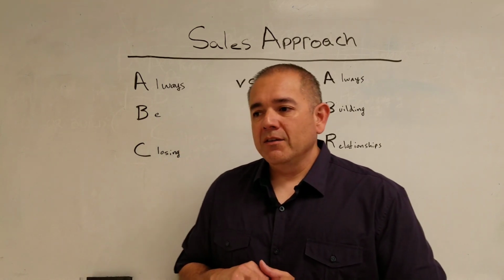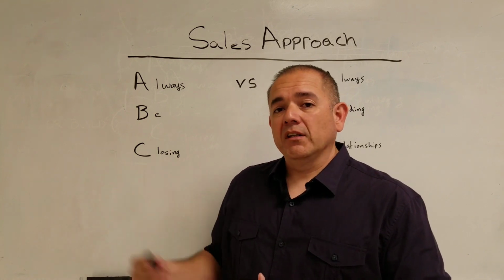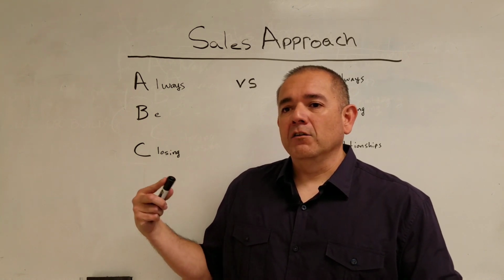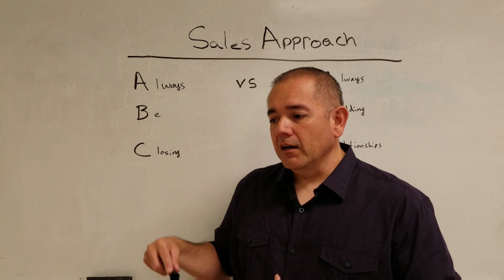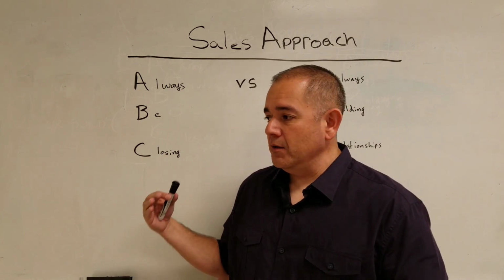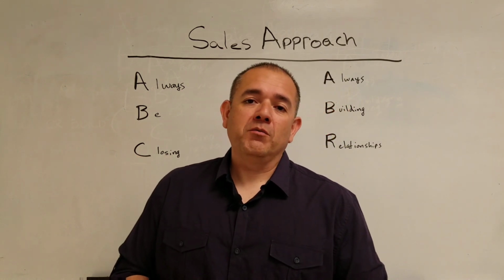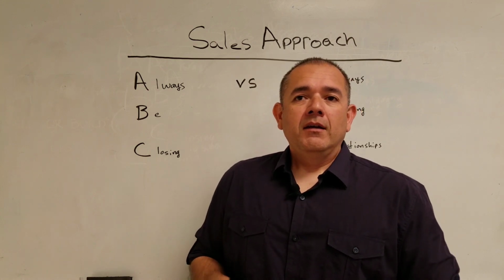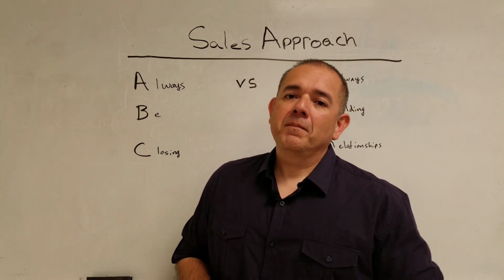Some of the people that I see using this method a lot would be a car salesman, insurance agents, because they want to close a deal right away. If you go to a car dealership, they want you to walk out with a new car.